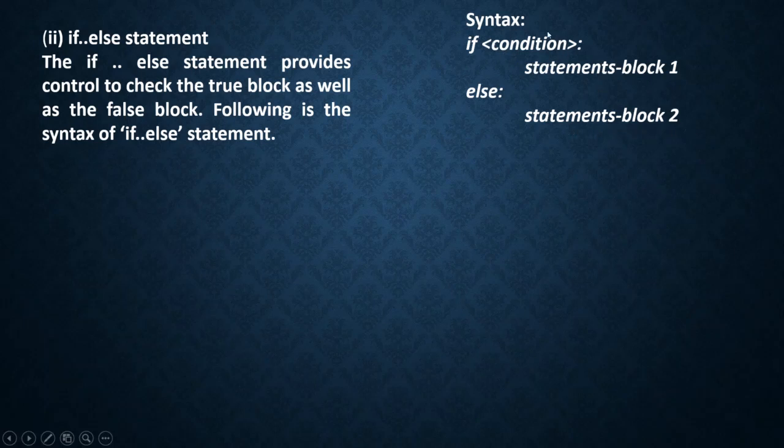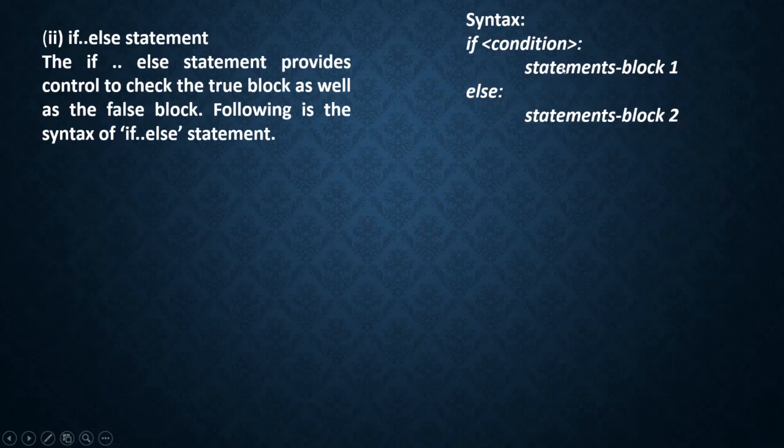When the given condition is true, the first block will be executed. The first block will always be the true block. Suppose the condition is false, you have an else statement, and the false block will be executed.